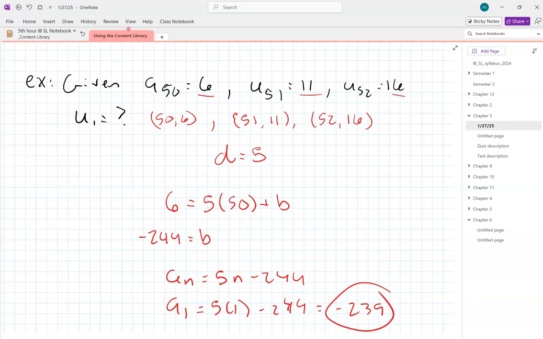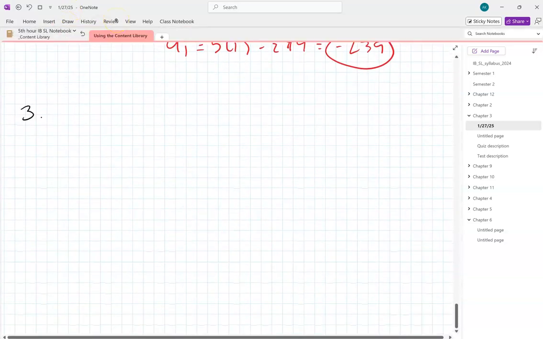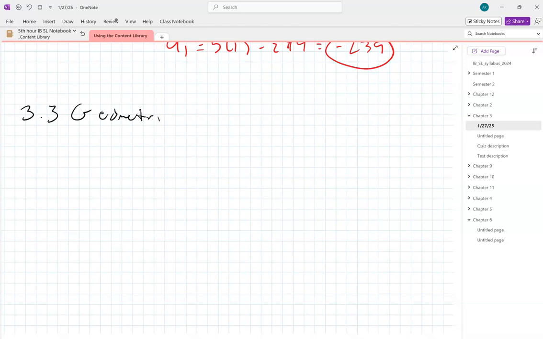Okay. All right, moving on. The other type of sequence is geometric. When you hear geometric, you need to think exponential.